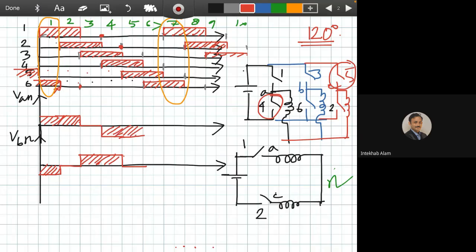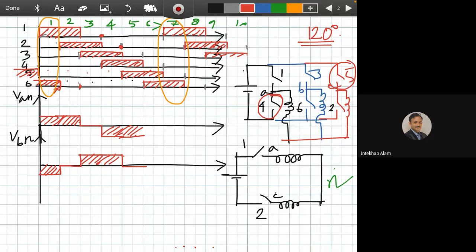So what will the output be in mode 6? Nuruddin Sakib, could you please explain? Yes sir, 5 and 6 will remain on. So what will be the value of An first? Here there is no 1 and 4. 1 and 4 are off.